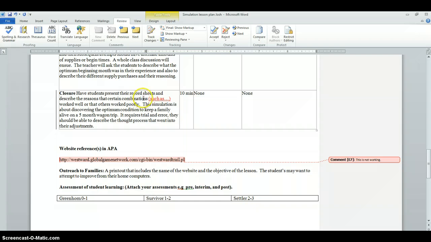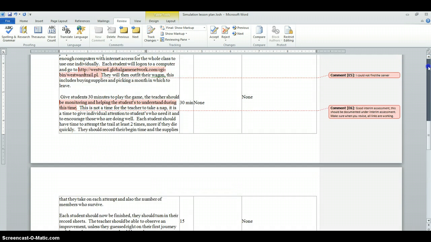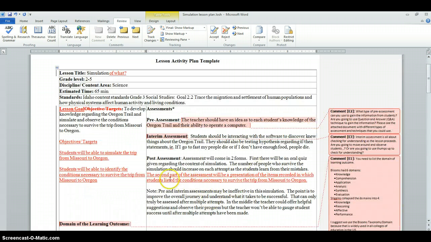So because we have this statement, I came back here and said they need an assessment that will be a presentation of the items recorded, in which students listed the conditions necessary to survive the trip from New Zealand to Oregon. So this assessment is aligned to the closure that you have.